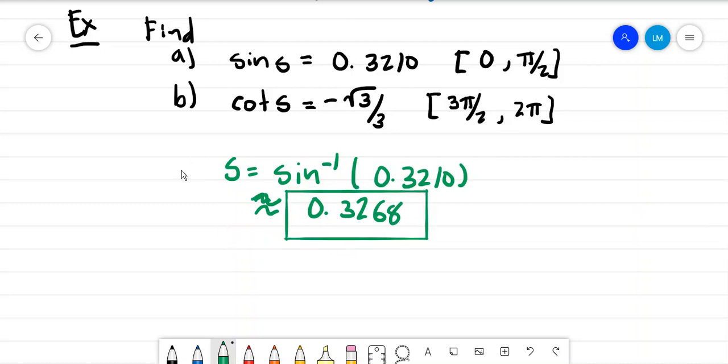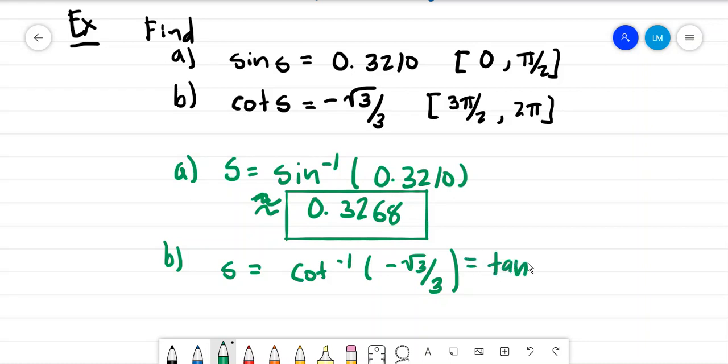Okay, now similarly, we have that s is going to be equal to cotangent inverse of negative root 3 over 3, which in earlier videos I showed is equivalent to tangent inverse of 1 divided by negative root 3 over 3.